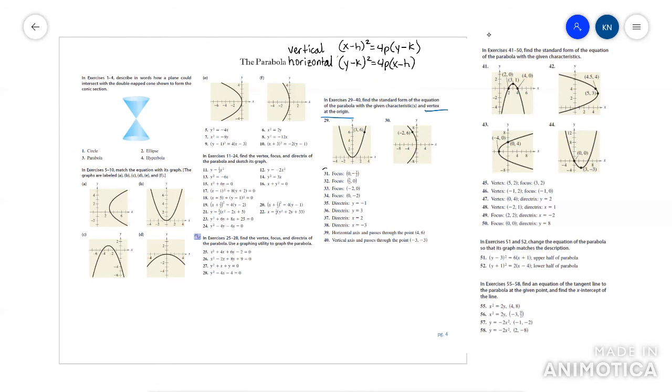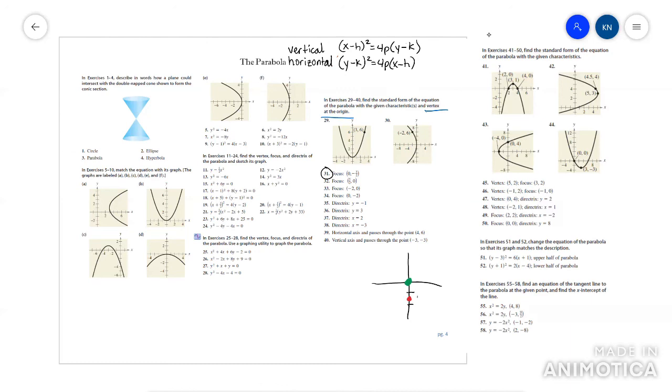If I was on 31 and they told me I have a focus at 0, -3/2. Okay, well, I know my vertex is at 0, 0 because they just told me that. And then they tell me my focus is at 0, -3/2. That's -1.5. So that would put a focus here.